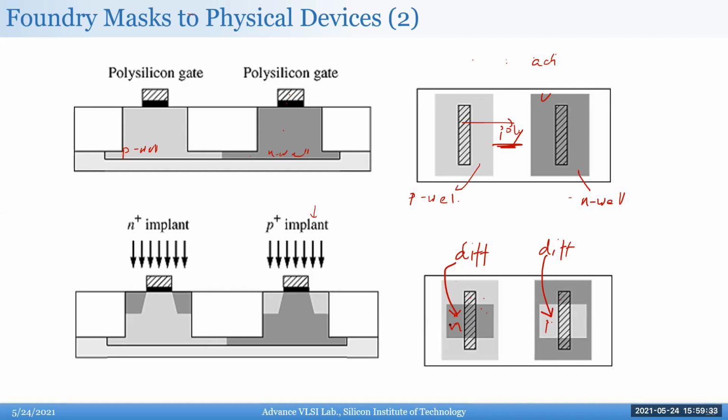So you want to use the diffusion mask because you want to implant N plus and P plus only in this area. But since you have already done the gate, if you chose this whole mask, then the gate will obstruct this area and the gate itself will get diffused as well. That's the reason you want to do the diffusion implant. And for P plus, you use the P diffusion.